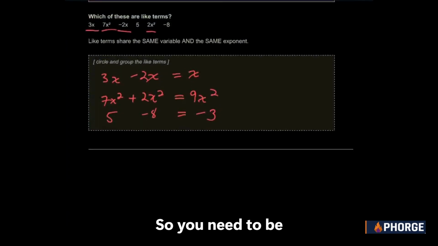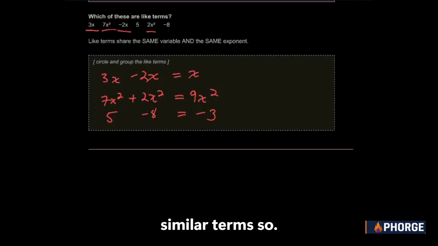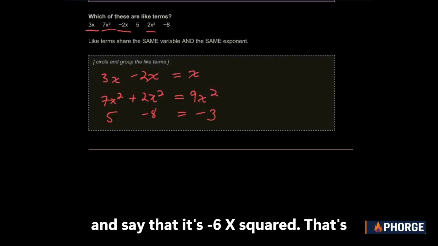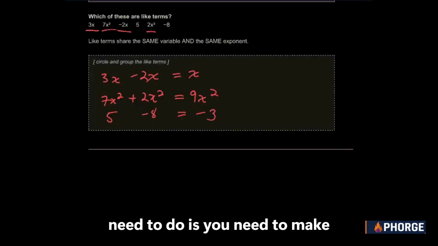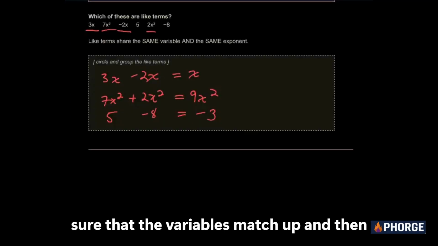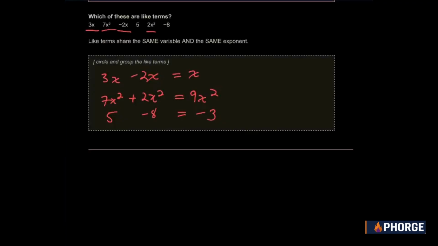So you need to be very careful that you're adding similar terms. So you can't do negative 8 minus 2x squared and say that it's negative 6x squared. That's just not going to work. So what you need to do is you need to make sure that the variables match up, and then you can add those coefficients.